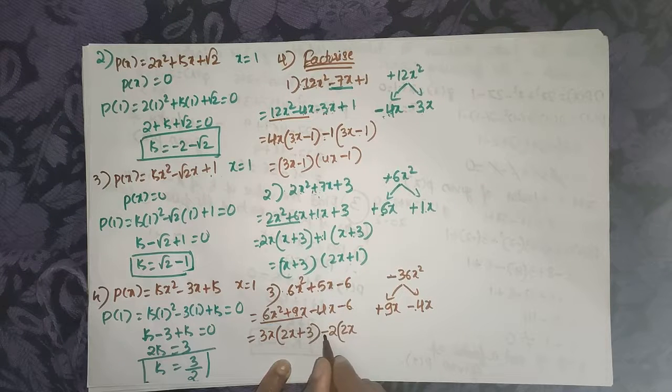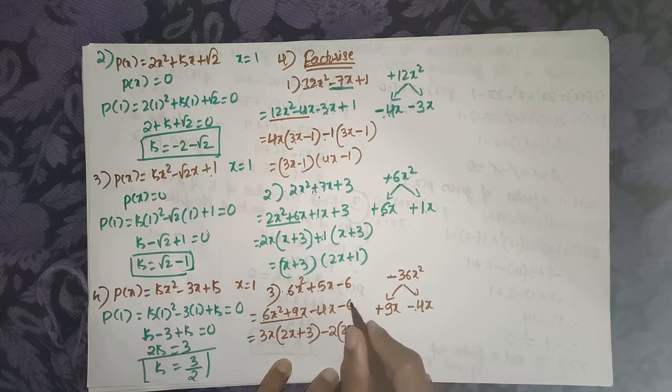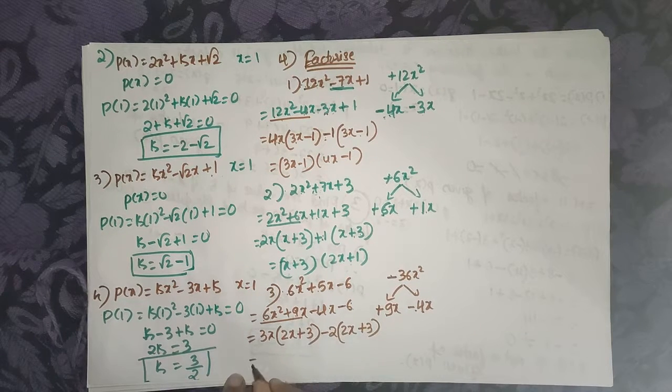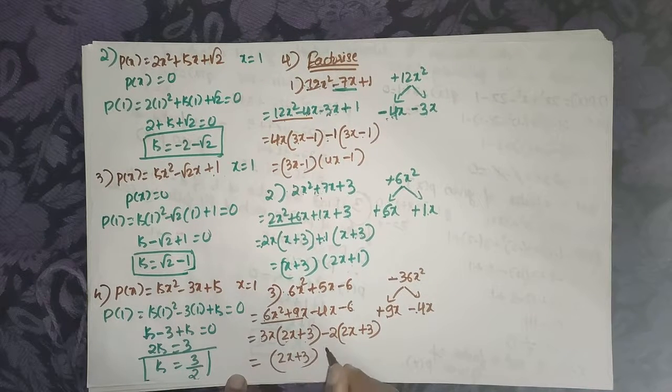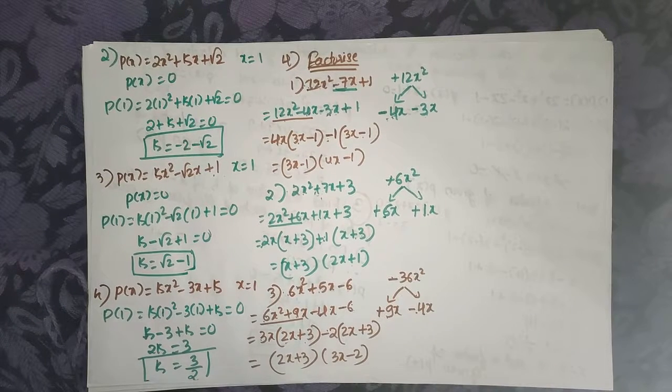If I have taken minus sign, the sign inside changes. It becomes plus 2 3s. So here 2x plus 3 is common. We remain with 3x in the first one, minus 2 in the second one. So this is the factorization of the third question.